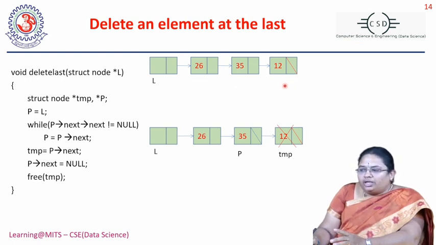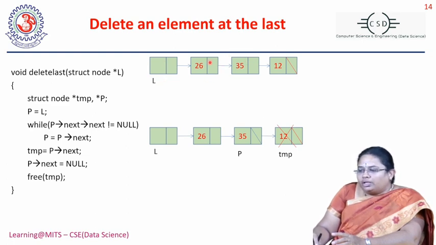So how to write the condition? If any particular node's next field is null, we have to stop there itself. That is the criteria. From this node itself I am checking the next position, the next node, right? So if this is null, I will stop from here itself.